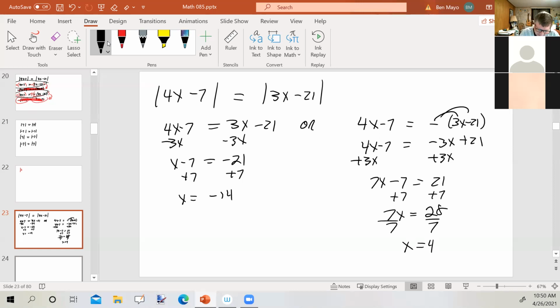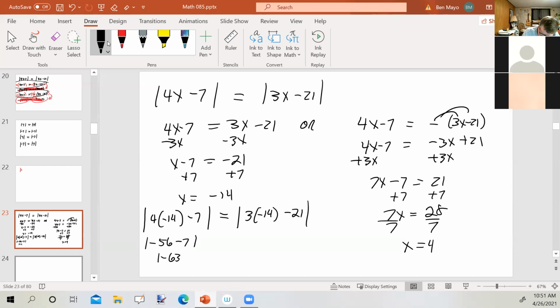Let's check our work. If x is -14, we'd have the absolute value of 4 times -14 minus 7 equals the absolute value of 3 times -14 minus 21. 4 times -14 would be -56. Negative 56 minus 7 would be negative 63.